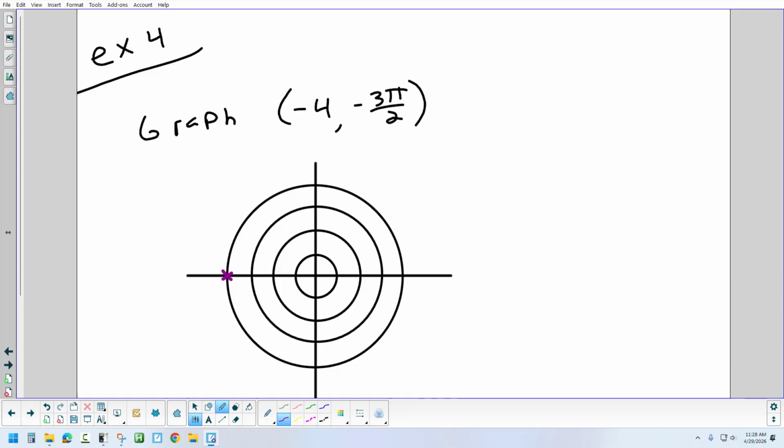And then we're going to rotate how many radians? 1.5. Yeah, 1.5 radians, or 3 pi over 2. And which way are we going to rotate? Clockwise. If I rotate clockwise, where does 3 pi over 2 put me?